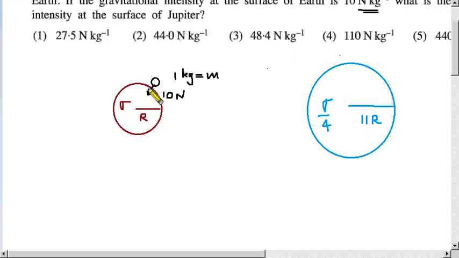So let us apply Newton's equation for these two. Let us take the mass of this Earth as capital M, and then the mass of this object is this one. So F equals G M1 M2 divided by d squared. That is the basic equation.